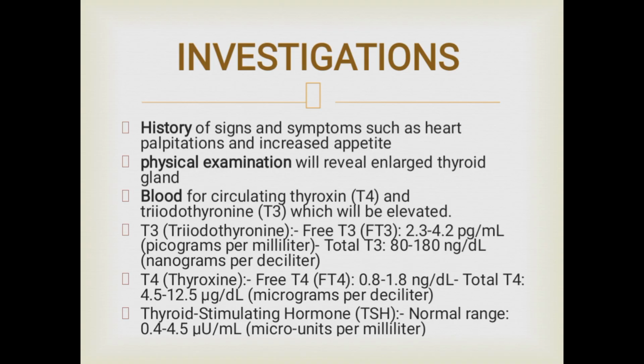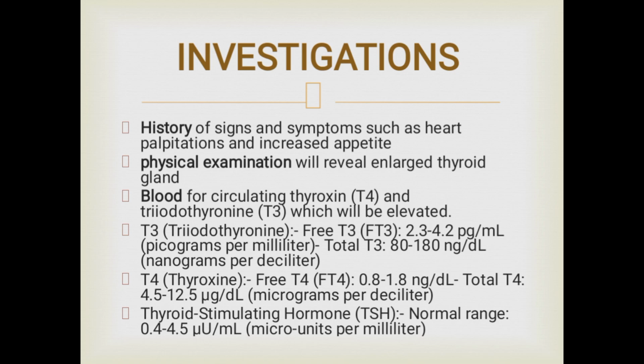So those are the signs and symptoms. For the investigations, as always, we start with history taking. History taking is to have history of signs and symptoms such as heart palpitation and increased appetite. Physical examination may reveal an enlarged thyroid gland, and also exophthalmos will be seen on inspection. You can also test blood for circulating thyroxine and triiodothyronine hormones, which is T3 and T4.